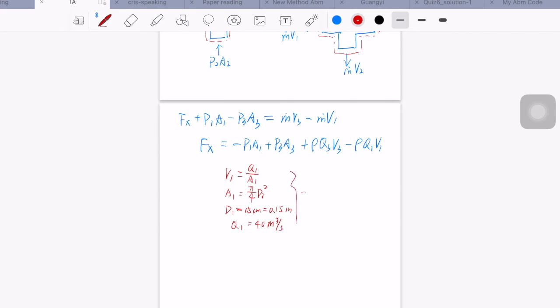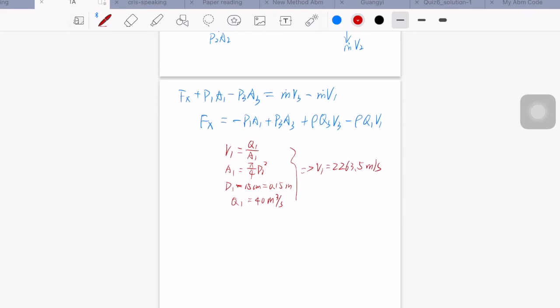So we can get that the v1 is 2263.5 meters per second.